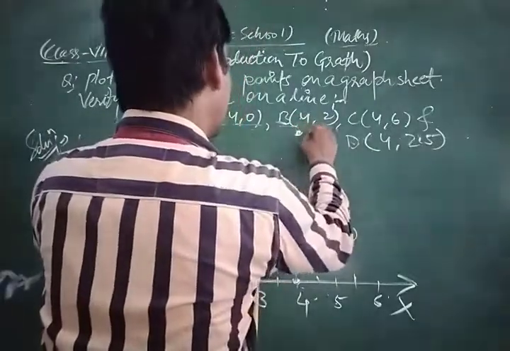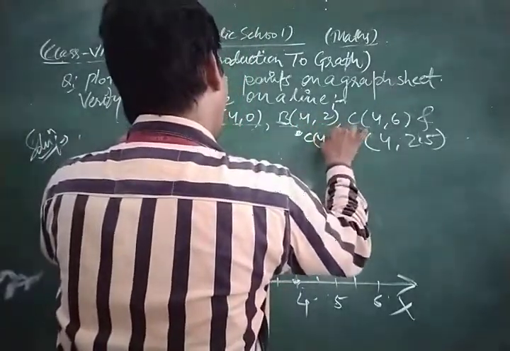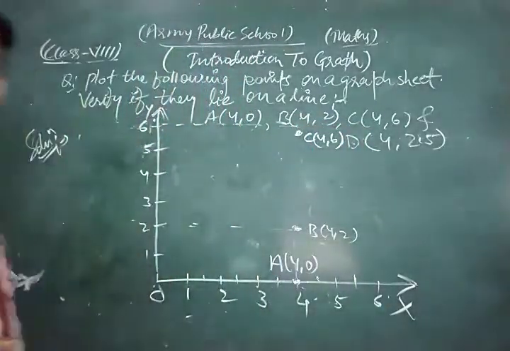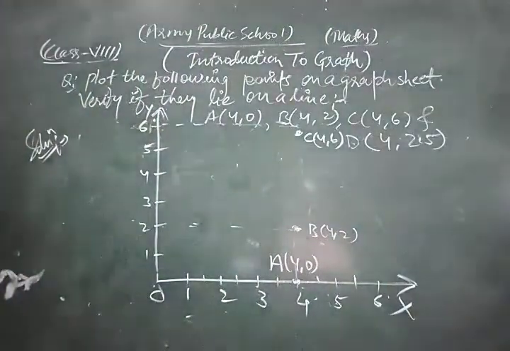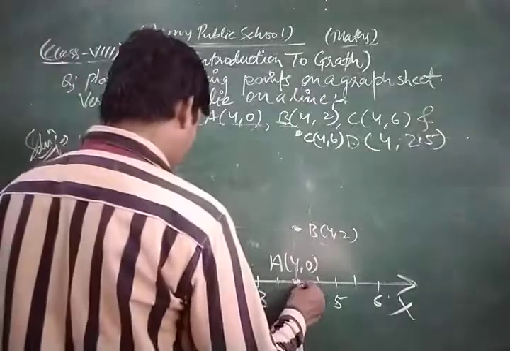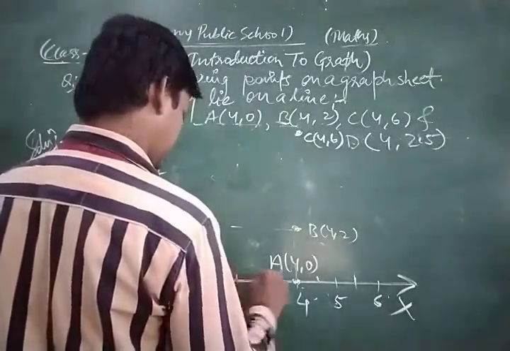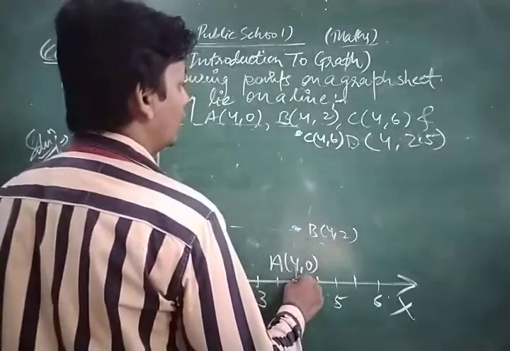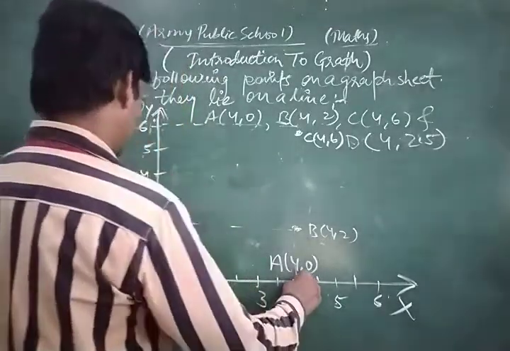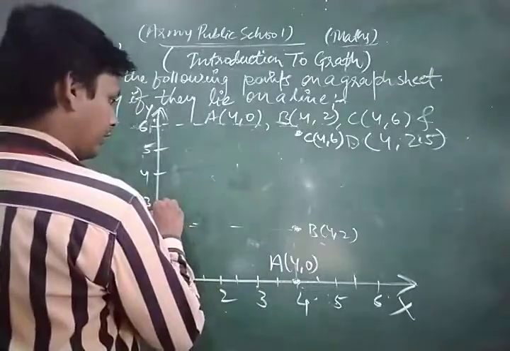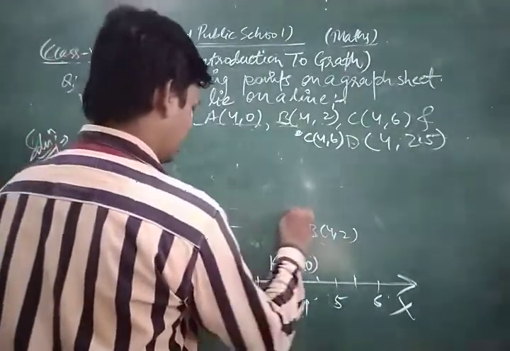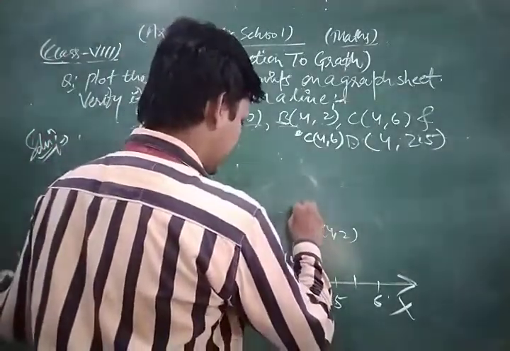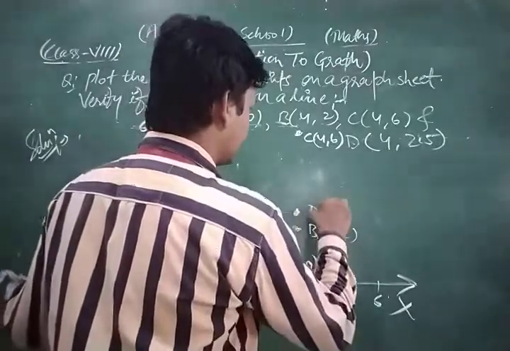This is point C, (4, 6). Now D, (4, 2.5). Abscissa is 4 and ordinate is 2.5, no? Yes. This is here, 2.5. Here is point D, (4, 2.5).